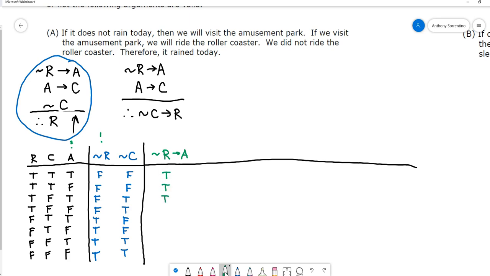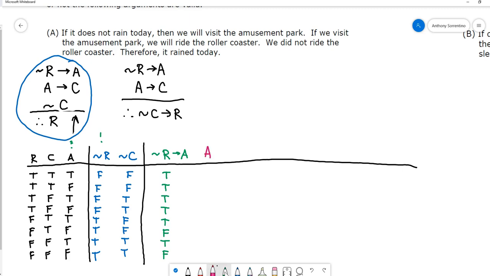And for a conditional statement, if the if part is false, it's automatically a true statement. For the rest of them, not R is true. So the only way for this statement to be true is if A is also true. So for the fifth one, it's true. For the next one, it's false. And then true. And then false.